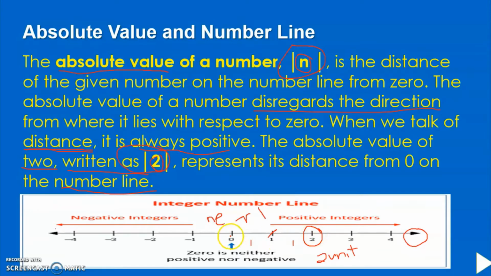So that is why the absolute value of 2 is equal to 2 units, because from 0 we cover 2 distance units to 2 here.